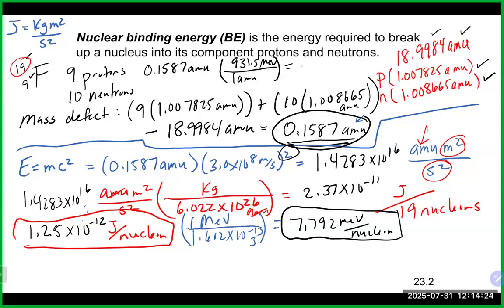And you'll get 1.4783 mega electron volts. You could then divide it by 19 nucleon. And that'll get you essentially, with a little difference in rounding, basically the number we got on the bottom there, 7.780 mega electron volts per nucleon.